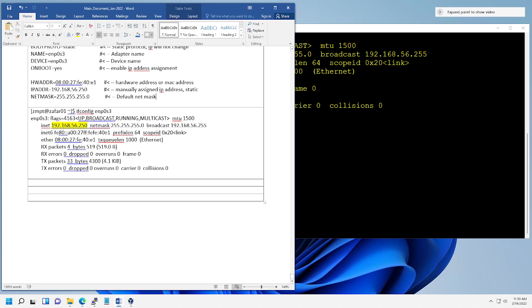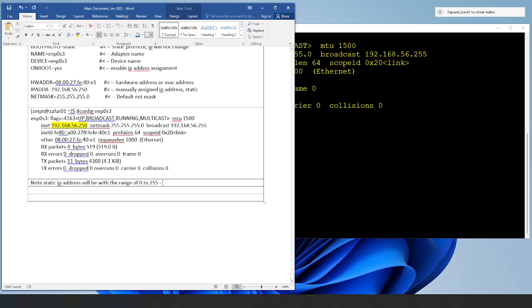Okay, but it has to be within the range of 0 to 255. So 0 is taken and 255 is taken, okay?